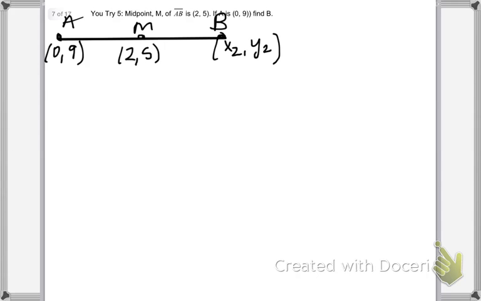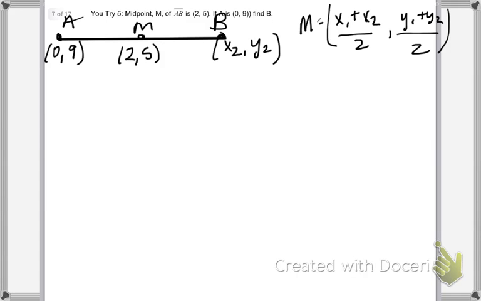Okay, so we're going to use our midpoint formula again. Remember our midpoint, what we do is we add our x's, divide by 2, find that middle point, add our y's of the endpoints, and divide by 2. So I know that my midpoint x coordinate is 2, and the midpoint y value is 5.